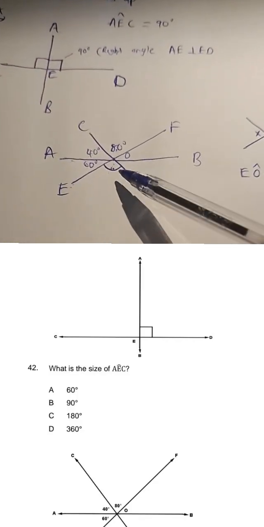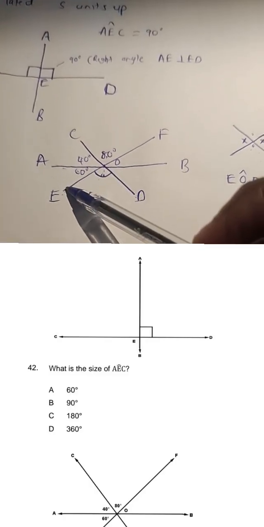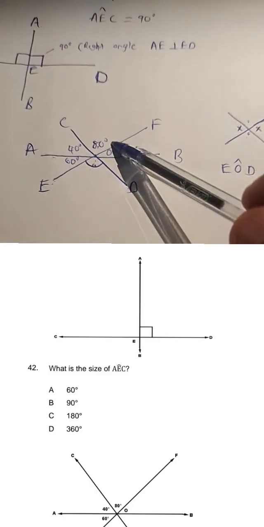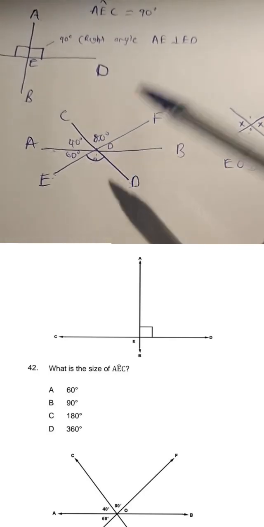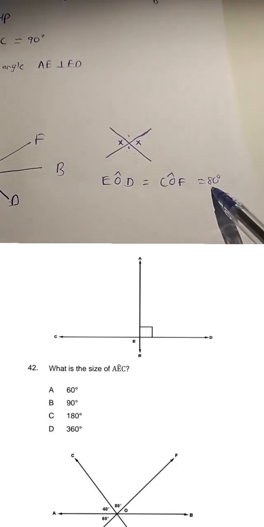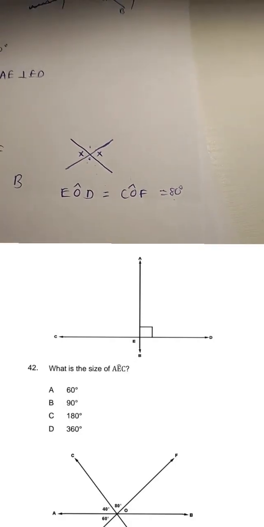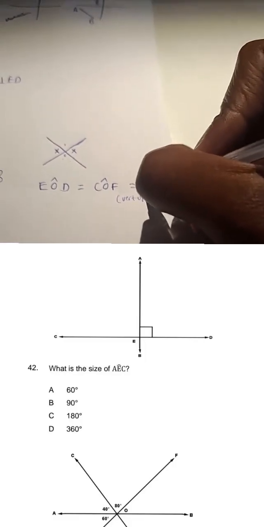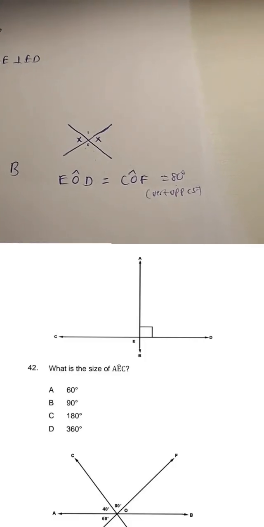So if we are being asked what is the size of the angle that is vertically opposite EOD, then we can see that it is 80 degrees, no doubt. And we would write the reason, if, for instance, they were asking us to show it on paper: vertically opposite angles are equal.